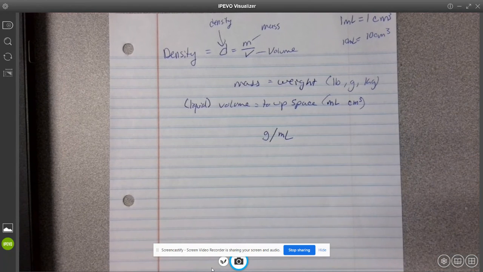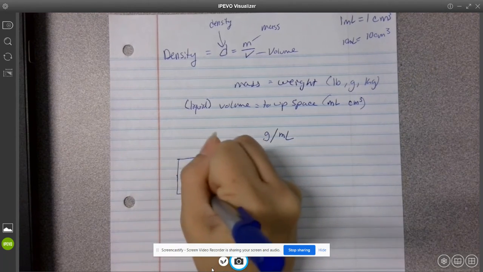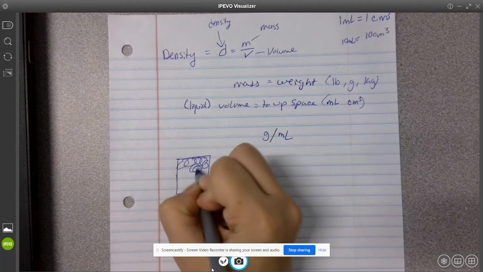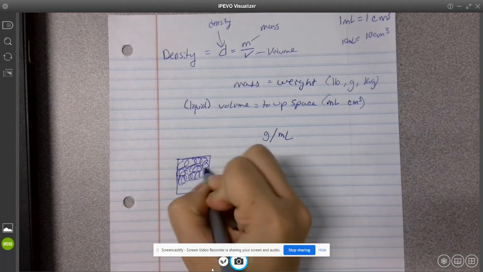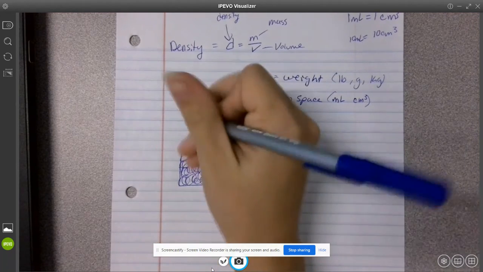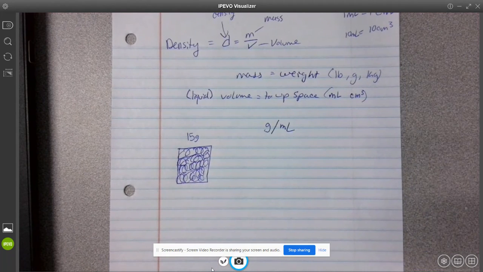And I will be asking some basic questions within the work today to calculate density. So I'm going to take a little example here. I have a cube, and it's filled to the brim with particles, and it has a weight of 15 grams.